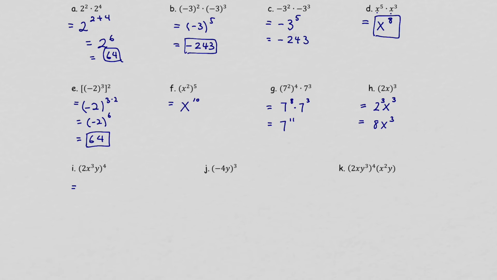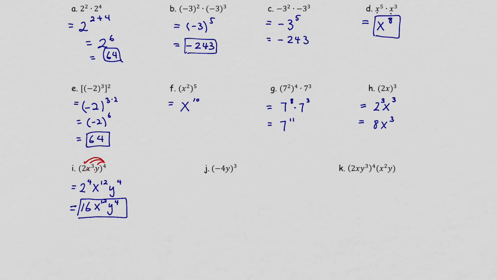You can see that 2 times x cubed times y, so you can distribute 4 to 2, 4 to x, and 4 to y. And when you're distributing 4 to 2, you get 2 to the 4th exponent. X cubed times 4 will be 12. Y, 1 times 4 will be 4. Which 2 to the 4th exponent is 16. And the rest of them stay the same, right?